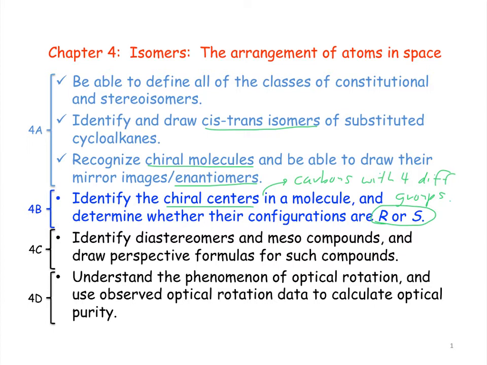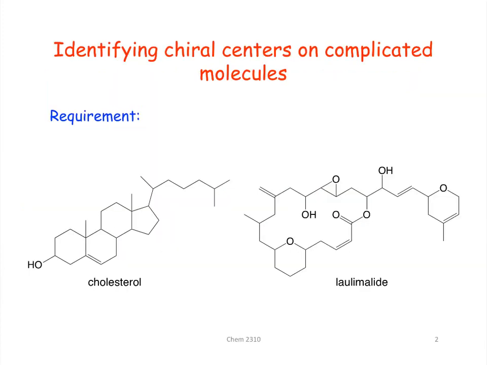So before we get into that, let's just see how we might look at a complex molecule and then just identify chiral centers. So here's two molecules. Cholesterol, right? We've all heard of cholesterol in our blood.